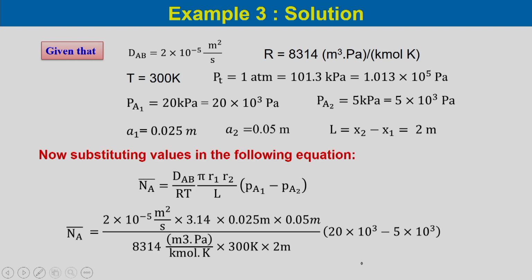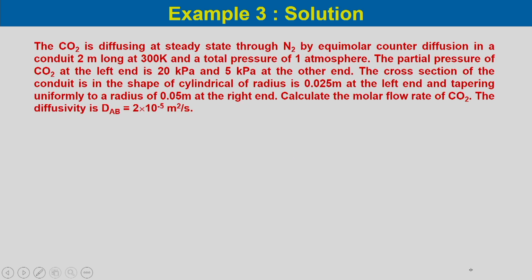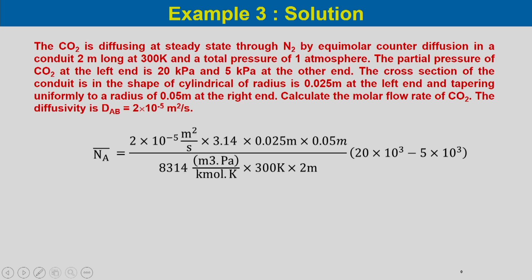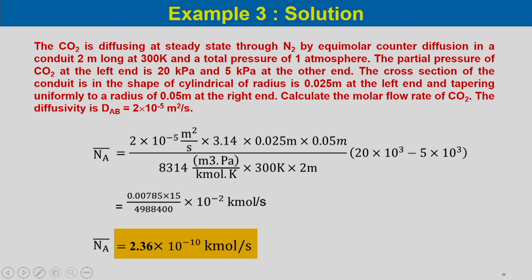So, if we substitute these values in the following equation, we would obtain NA bar would be equal to this, which would be equal to 0.00785 into 15 divided by 4988400 into 10 to the power minus 2 kilomole per second, which is equal to NA bar is equal to 2.36 into 10 to the power minus 10 kilomole per second.